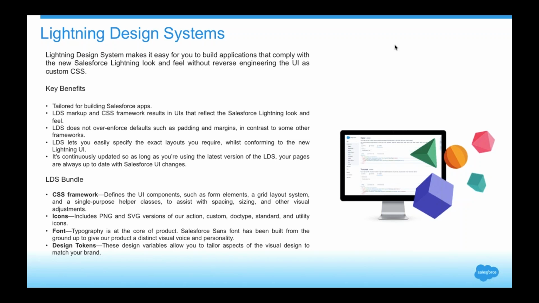When you use LDS, unlike Visualforce or plain HTML, you do not have to explicitly worry about incorporating your CSS or putting in your PNGs. It gives you the PNG and SVG versions of the action, custom doc type, and everything. So that's the Lightning Design System.